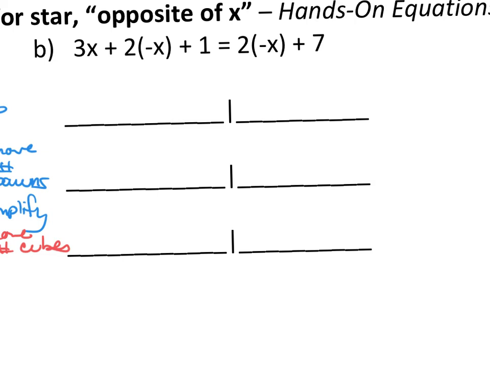We start with 3x, so that's 3 blue pawns, 1, 2, 3, plus 2 negative x, that's 2 white pawns, plus 1 is equal to 2 negative x, which is 2 white pawns, plus 7. That's our setup.